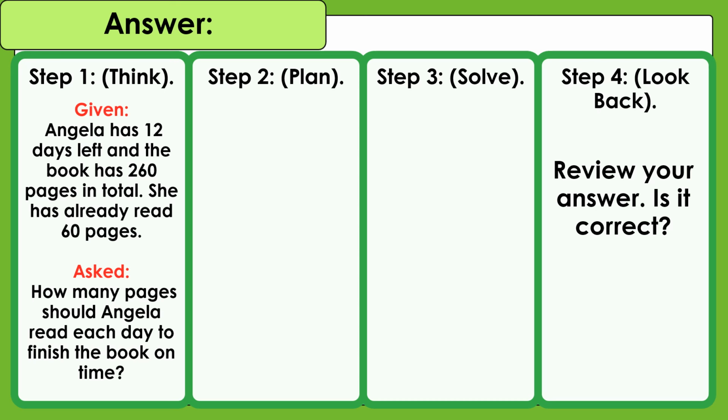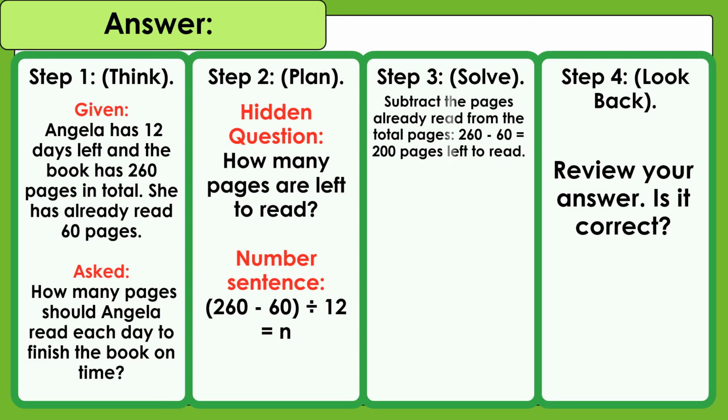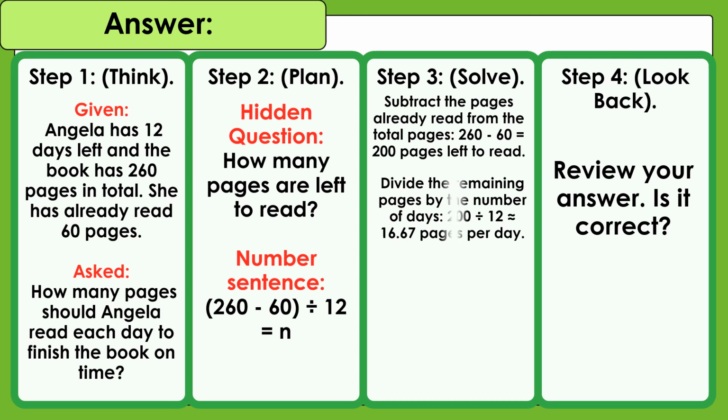Step 2. Plan. Hidden question: How many pages are left to read? Number sentence: 260 minus 60 divided by 12 equals n. Step 3. Solve. Subtract the pages already read from the total pages. 260 minus 60 is equal to 200 pages left to read.